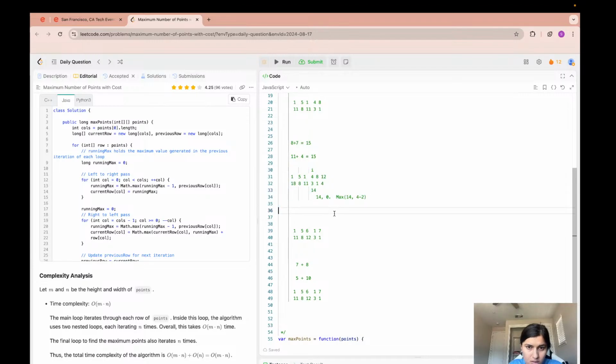I think they are also doing the same thing here, a similar approach. For every column they are doing this, not just for one.